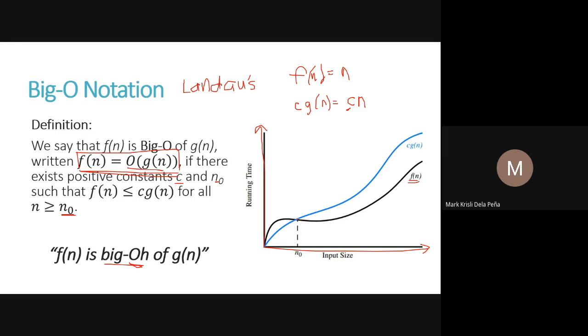There is a certain value, which we call n sub 0, the initial value of n wherein c times g of n becomes larger compared to f of n. So the worst case scenario focuses from n sub 0 rightwards, where c times g of n is larger than f of n. Ideally our f of n runs here, this is how our f of n functions, and then the worst case would be this one here.